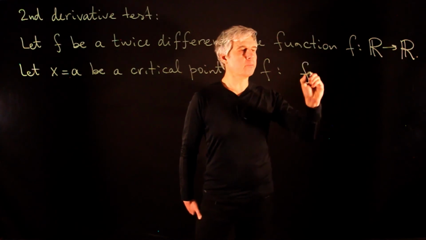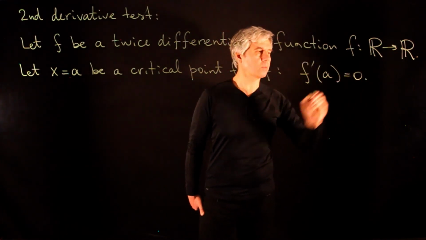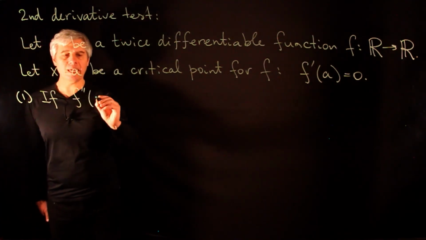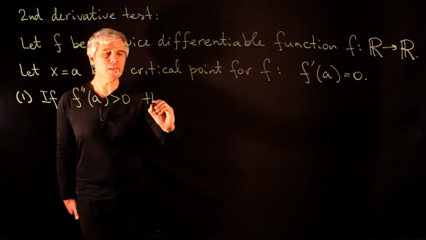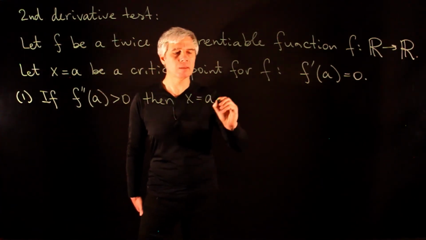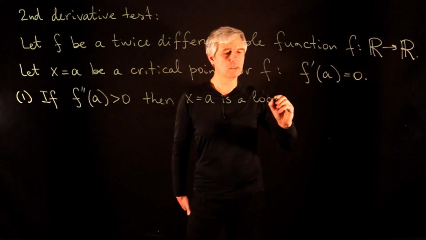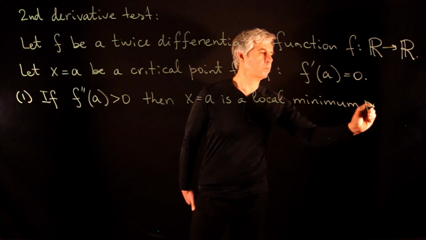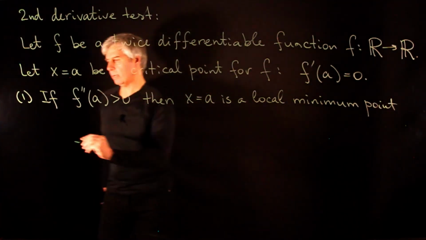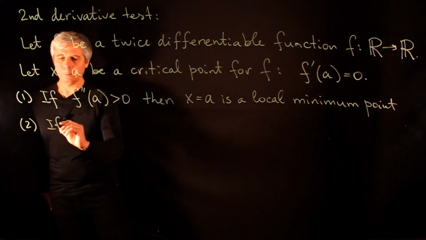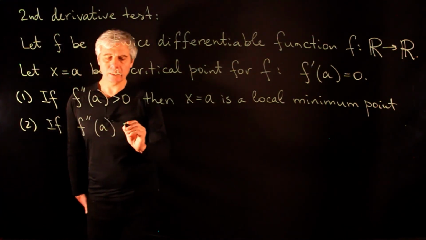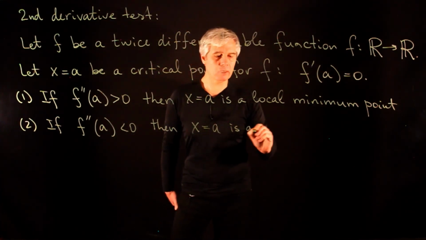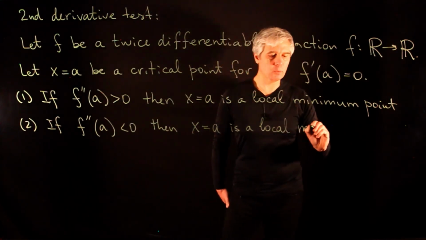So this means that f prime at a is equal to 0. 1. If the second derivative of f at a is positive, then x equals a is a local minimum point. And if the second derivative at a is negative, then x equals a is a local maximum point.